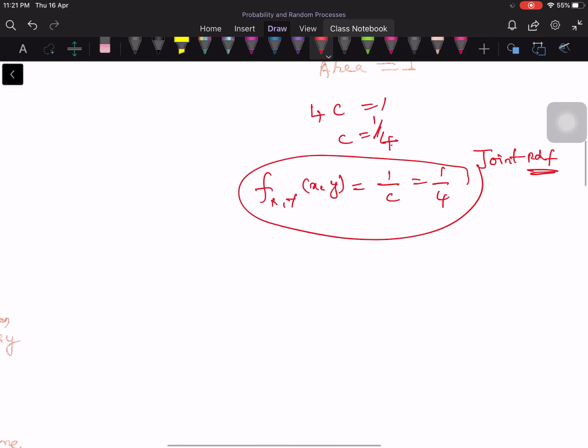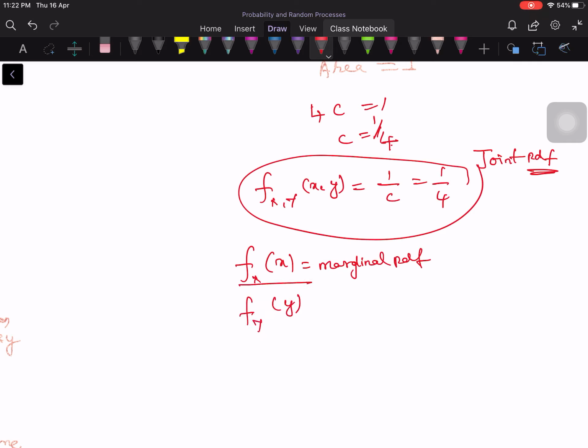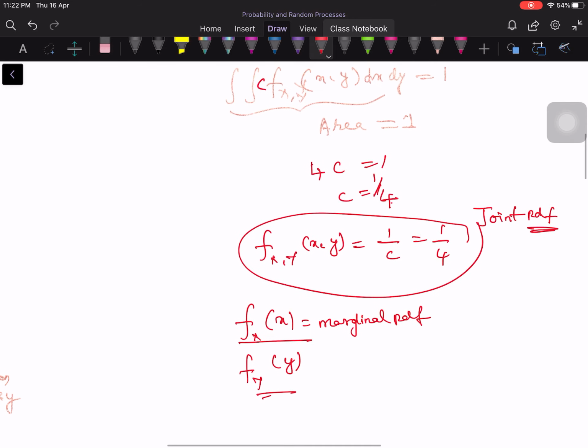As I said, f_X(x) is called the marginal probability density function of the joint density function f_XY(x, y). Similarly, we need to find f_Y(y). Let me do f_X(x) here, and f_Y(y) you can do on your own. It is similar, and by the same token you can work on it.